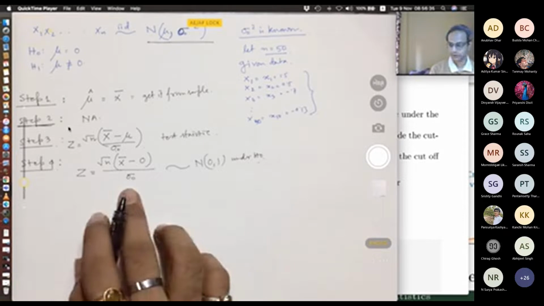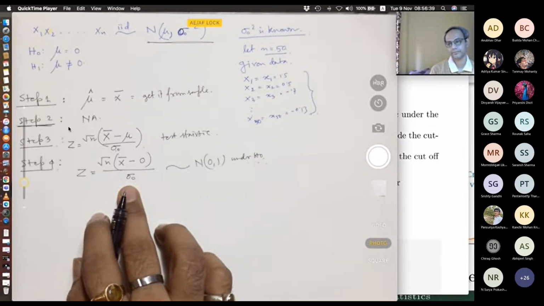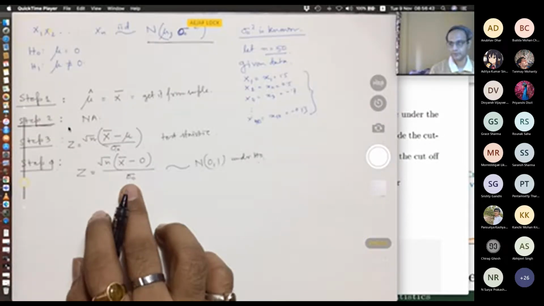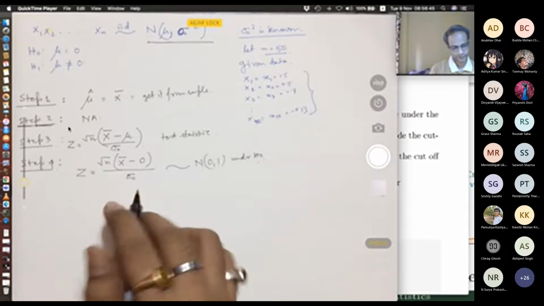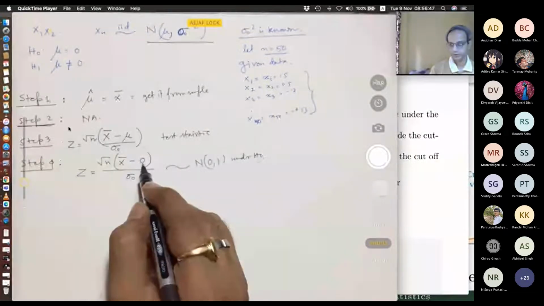If H naught is not true, this will not follow normal 0, 1. This will follow normal 0, 1 under H naught, because I have replaced this mu by the parameter specified by H naught.